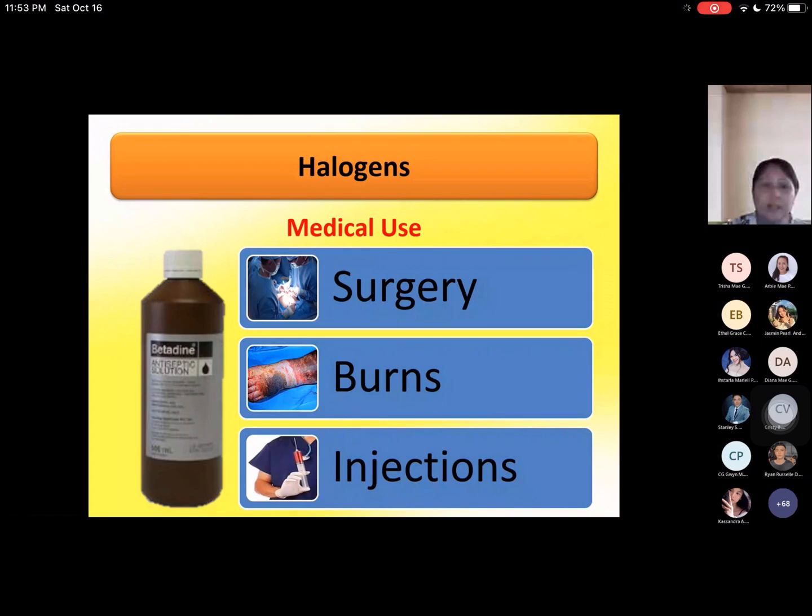The Betadine, or the iodophore, is the most commercial preparation of iodine, the povidone iodine, used mainly on skin disinfection and wound treatment. It can be used for surgery, burns, and injections. They are less irritating and they stain less.